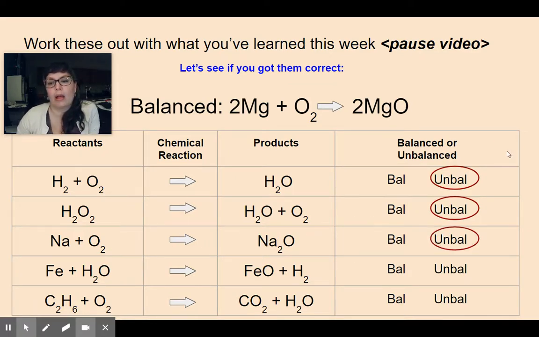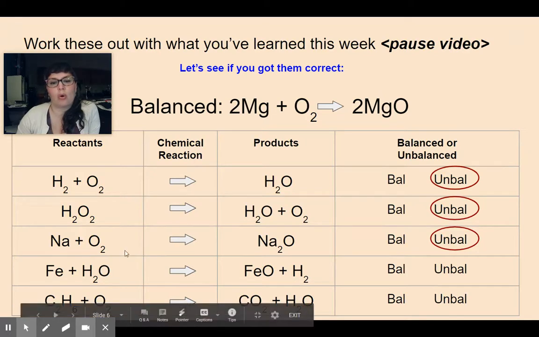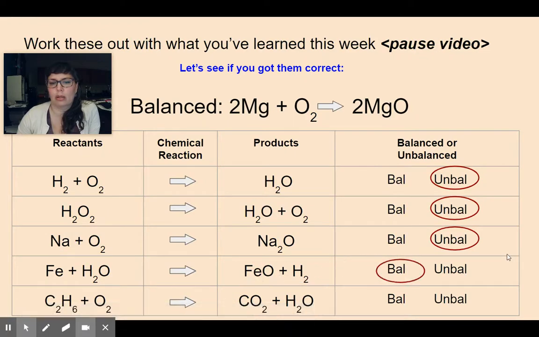Unbalanced. So over here we start off with 2 oxygen. We only end up with 1. There's 1 sodium, but we end up with 2. That's not balanced. This next one is balanced. Good. And the last one is unbalanced.